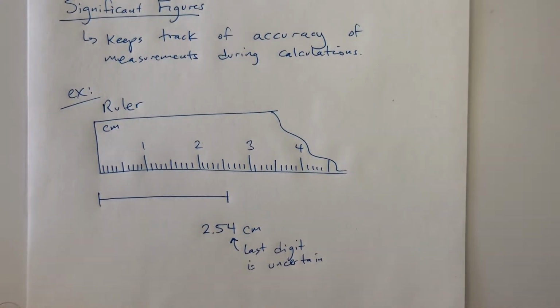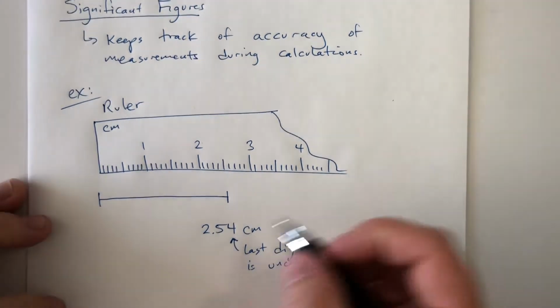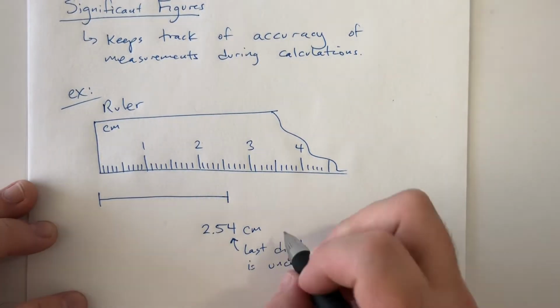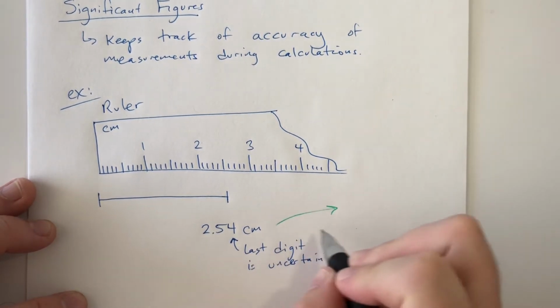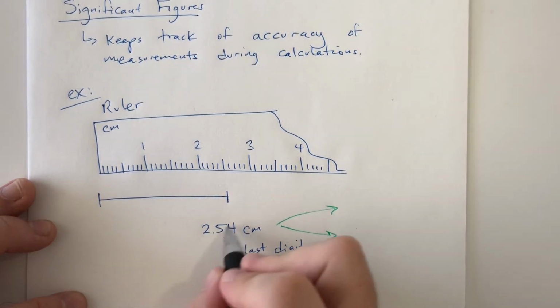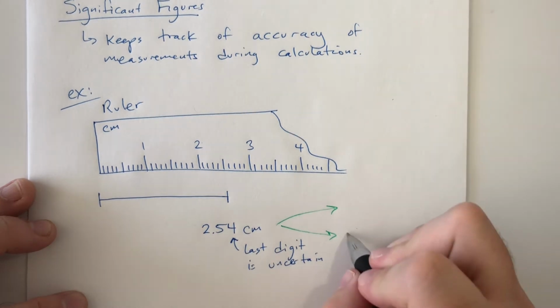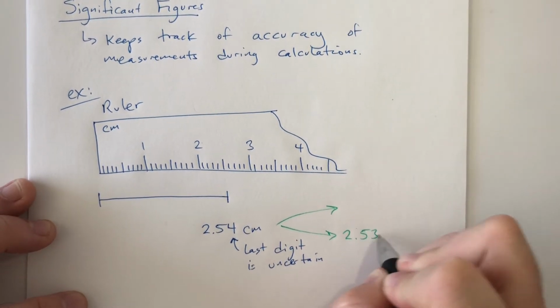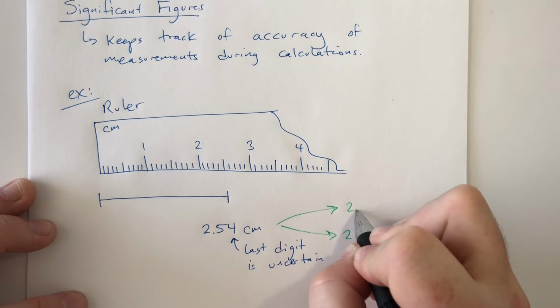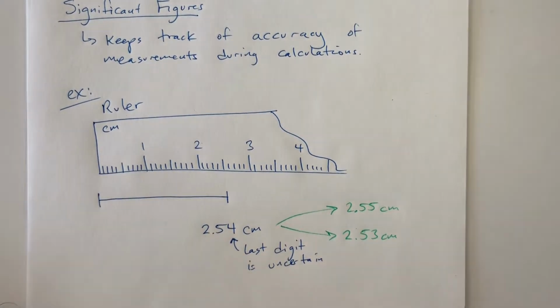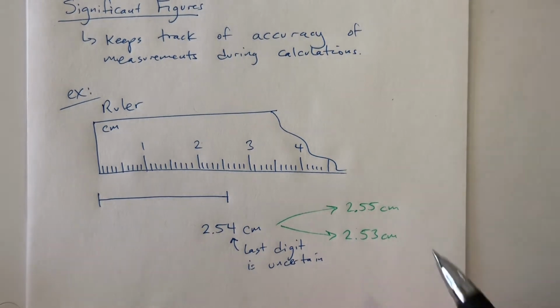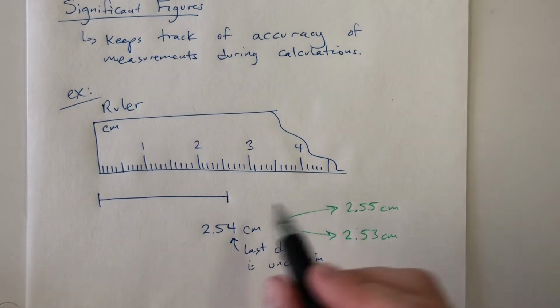So if somebody else came along and measured this, they might say it's 2.53 or 2.55. So whenever you see a measurement written down, you are supposed to interpret it as the last number being plus or minus 1. So this number is somewhere between 2.53 centimeters and 2.55. I measured it as 2.54. Somebody else might measure it as one of those other ones, but it's going to be somewhere in that range.